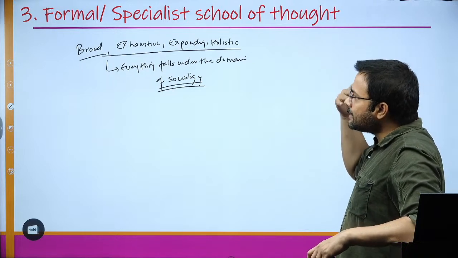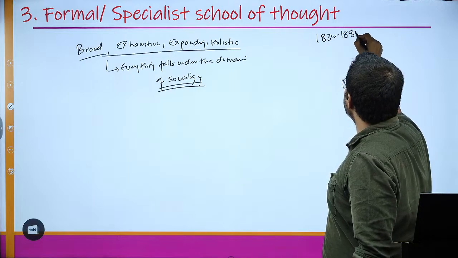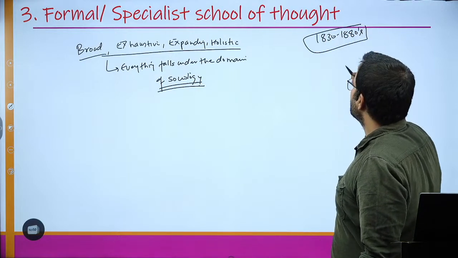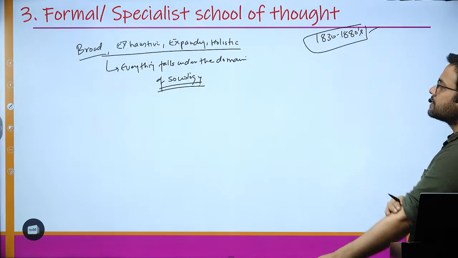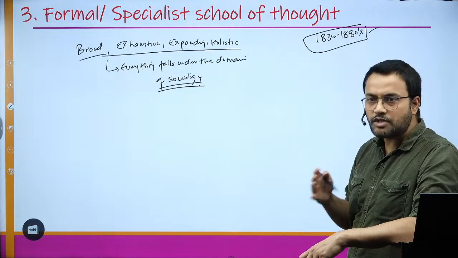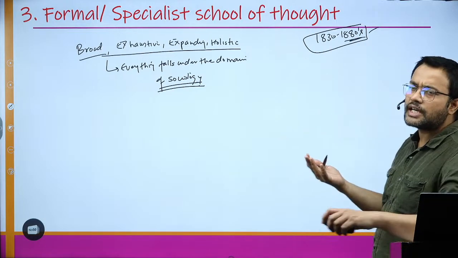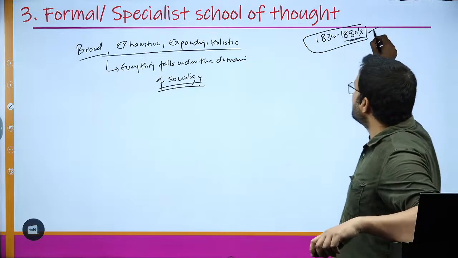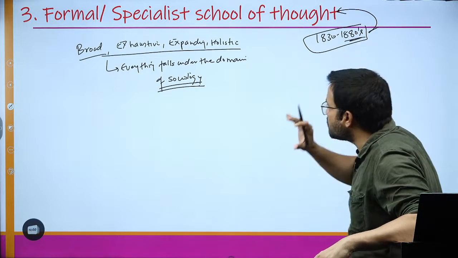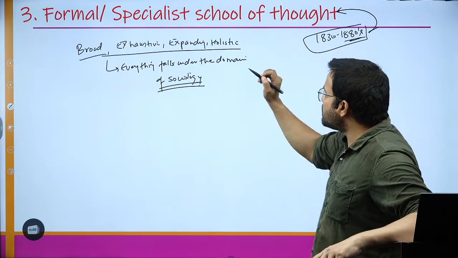Now, from the 1830s till the 1880s, this synthetic or encyclopedic school of thought was prevalent. Now from the 1880s, yet another school of thought started popping up, and that was called the formal or specialist school of thought.